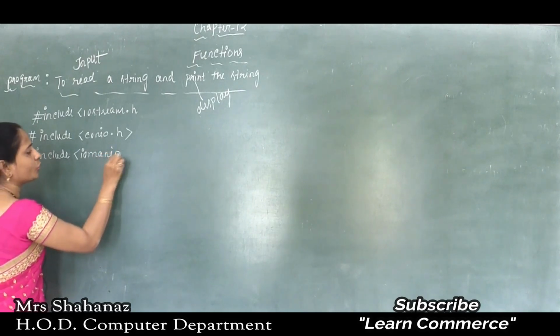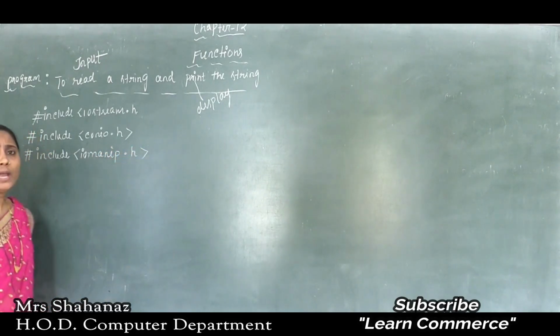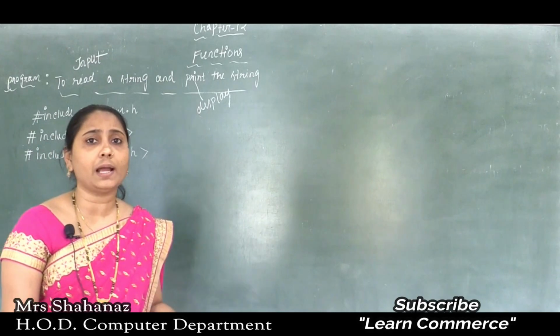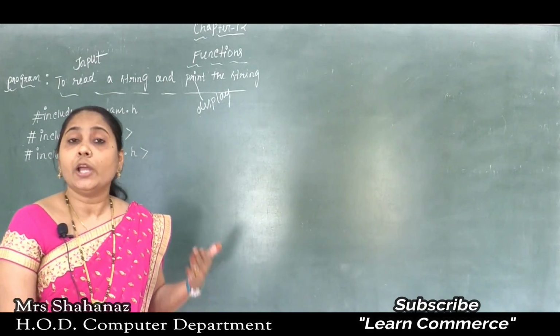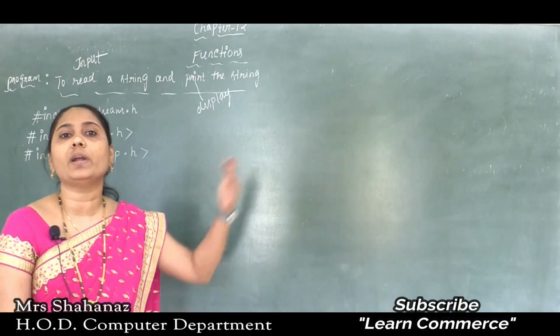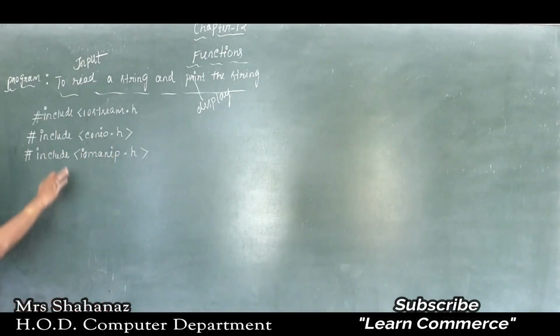It's not necessary to use it in every program, it depends on you. Maybe you want to input any information, or display any information one after another. So iomanip means input output manipulation.